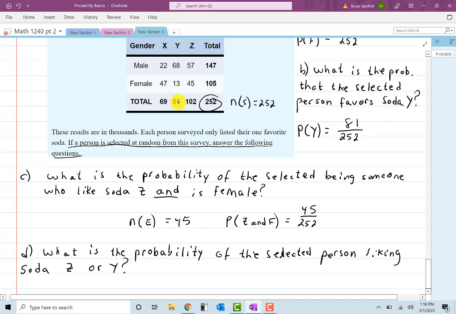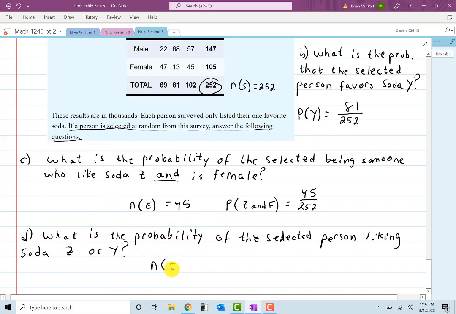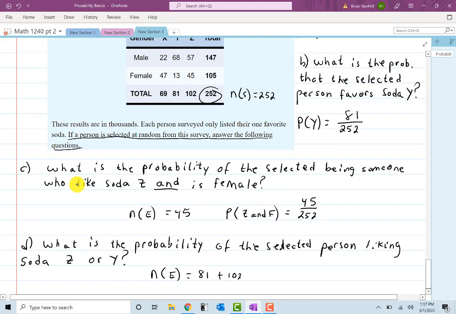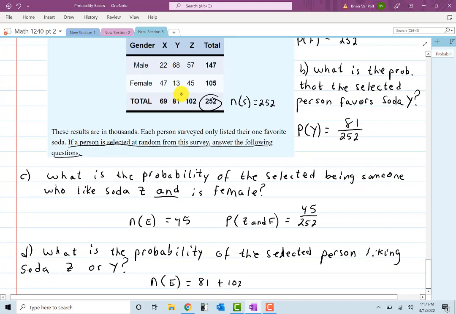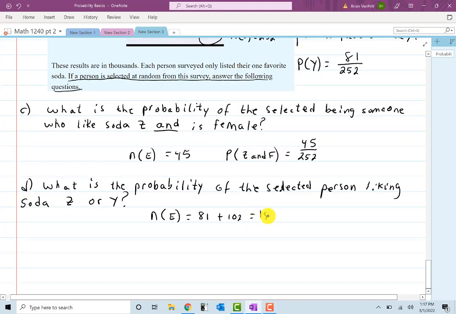These are the number of people that like Y. These are the number of people that like Z. So together is the collection of people that will take either one of them. So here, let's get our N of E. That will be 81 plus 102, the bottom of column Y and the bottom of column Z, and that is equal to 183. So the probability of that event occurring is 183 over 252.